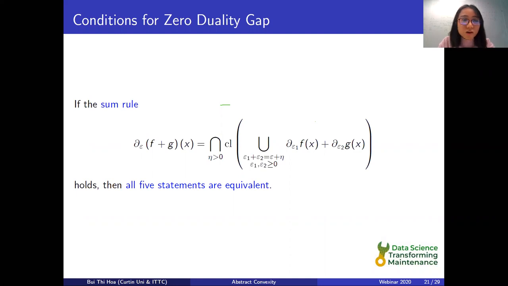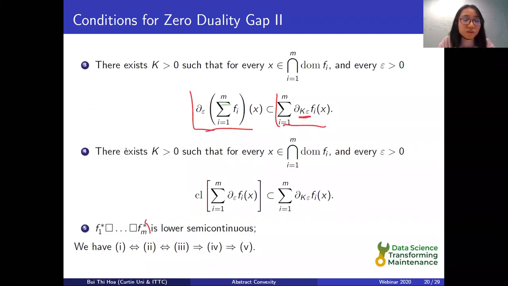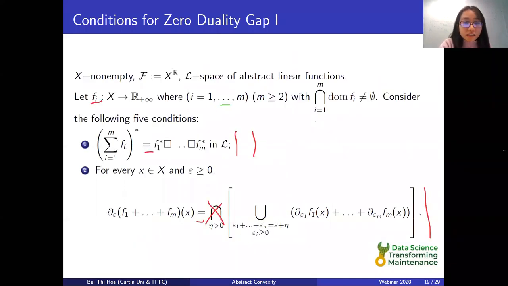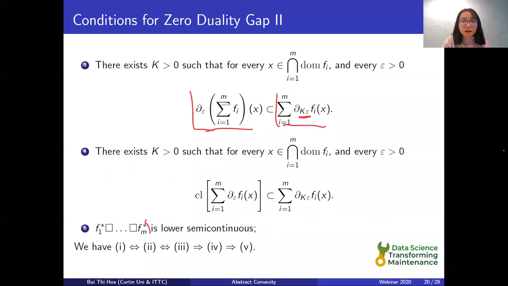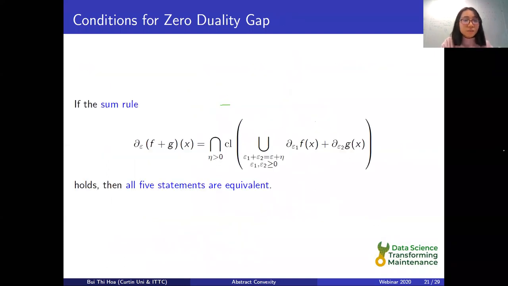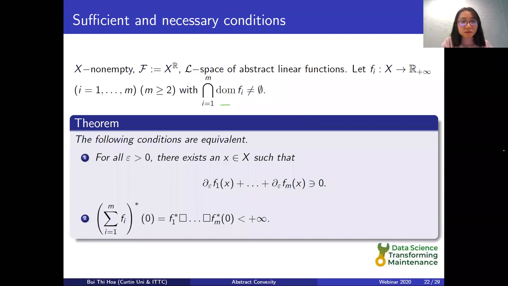Okay, so if we go back again, what we try to characterize is not the zero duality gap, but this equality in L. This is a little bit stronger than zero duality gap, as we discussed before, because we only need this condition to hold at 0. That is why we extend this one, so we just characterize this equality only.